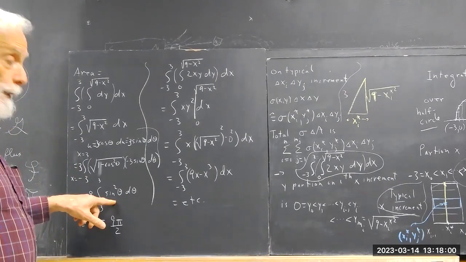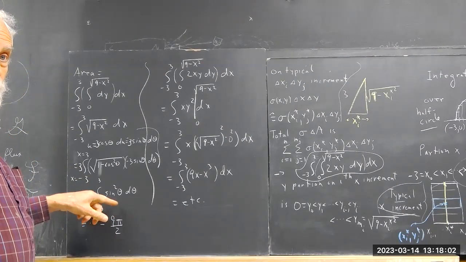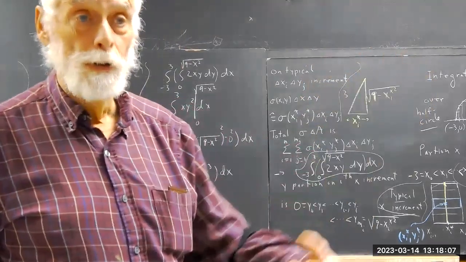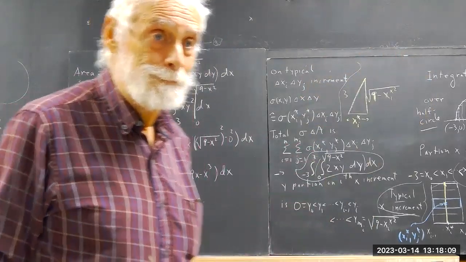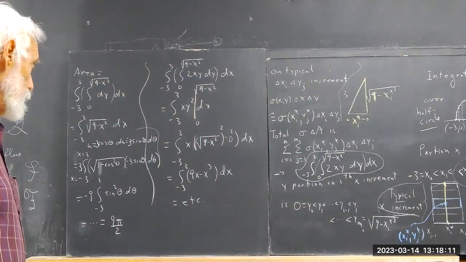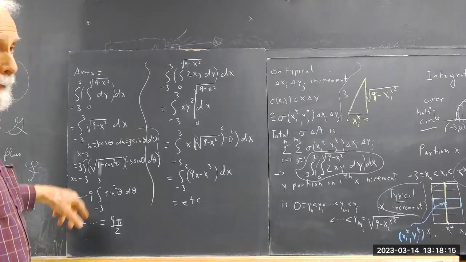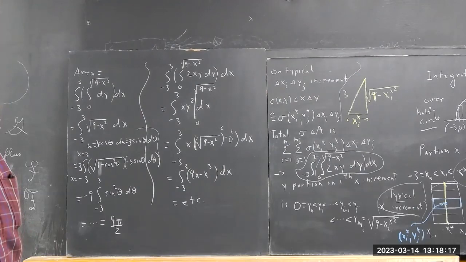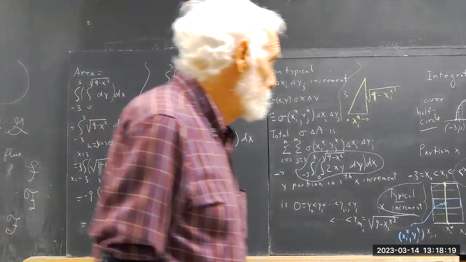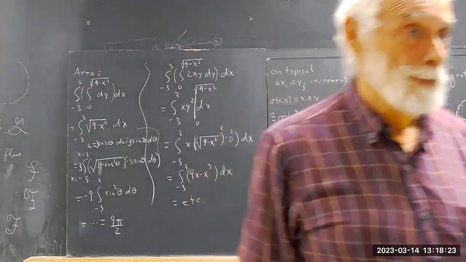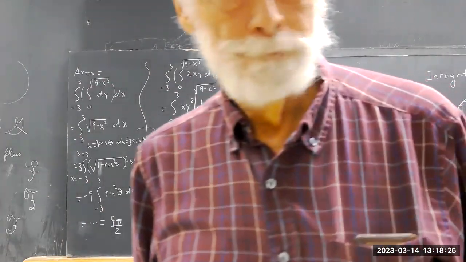The other strategy again is a couple of steps of integration by parts that lead to a reduction formula. You're going to end up with a theta over 2, going from negative theta over 2 to positive theta over 2. We'd also do it in polar coordinates, which is much easier, and we're going to see that.